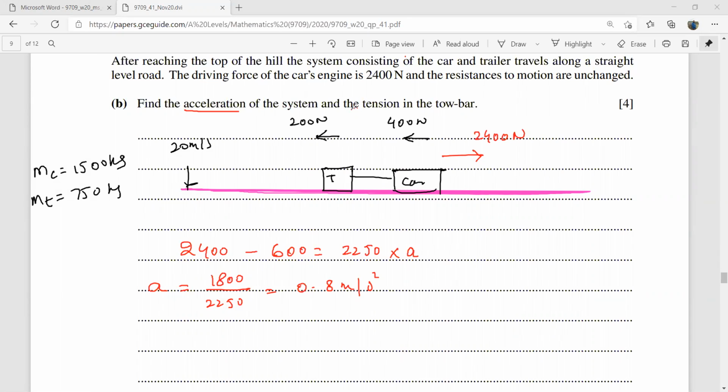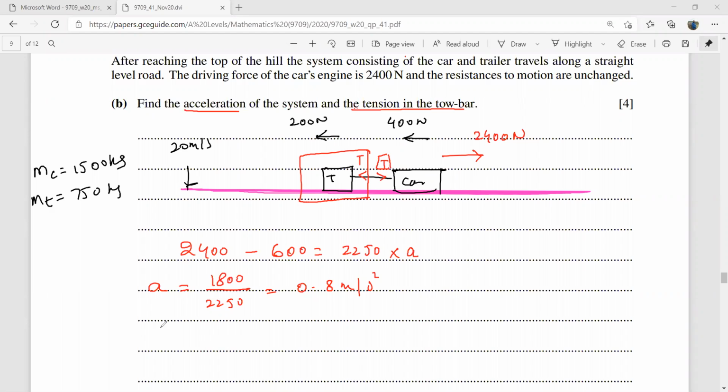Now we have to find the tension in the tow bar. Now here is the tension, here is the tension. Now you can consider just the trailer, or you can consider the car as well if you want to determine this tension, because this is the tension that is pulling this trailer forward here.